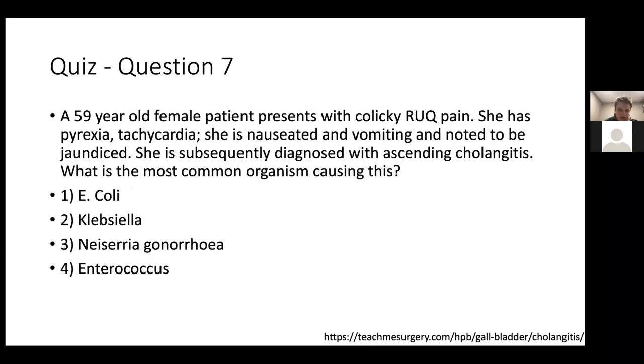So question 7, a 59-year-old female patient has got colicky right upper quadrant pain. She's had pyrexia, tachycardia, nausea, vomiting, and is noted to be jaundiced. After a workup, she's found to have ascending cholangitis. What is the most common organism causing ascending cholangitis?